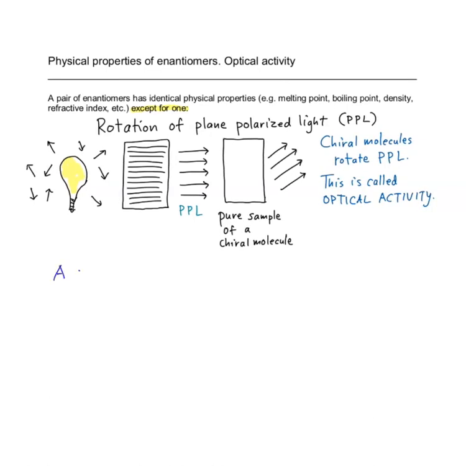Okay, so let's say a sample, whether it's pure, so a pure compound, so just one thing, or a mixture of things, a sample that rotates plane polarized light is optically active.